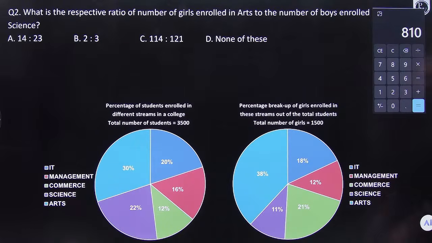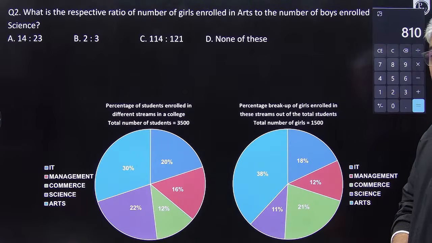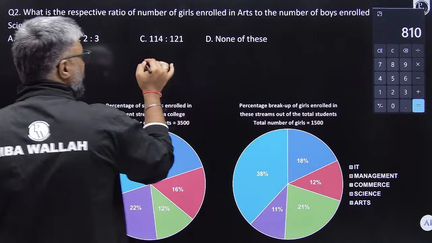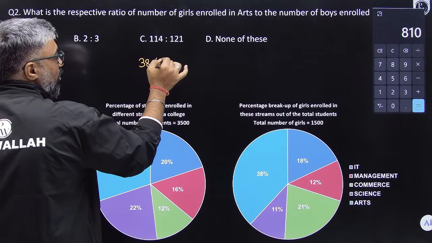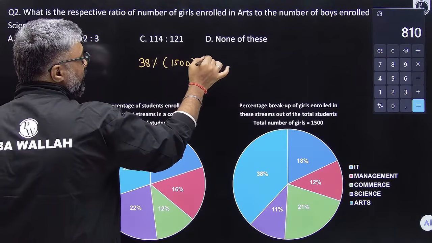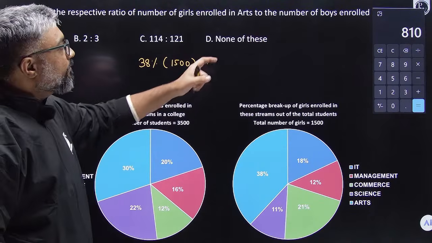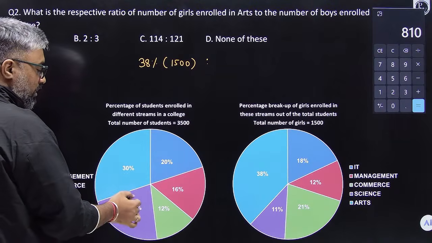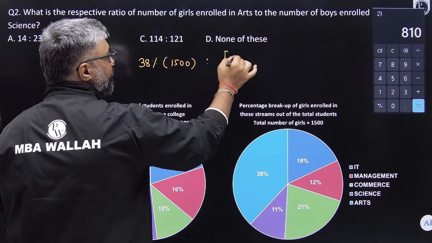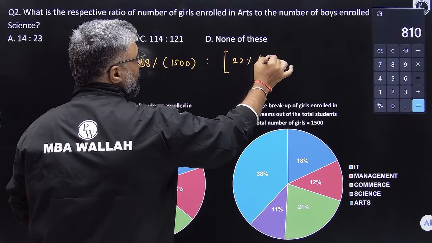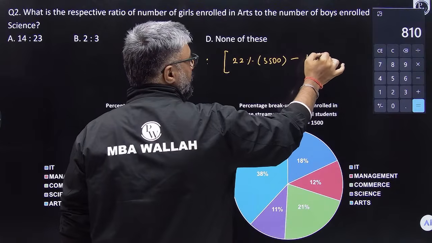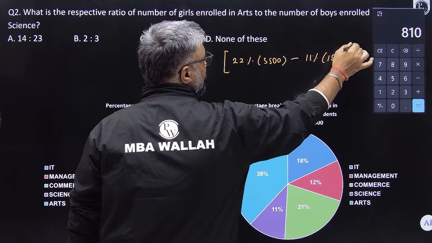Moving on to the next one, try this. Ratio of number of girls enrolled in arts to the number of boys enrolled in science. So girls enrolled in arts: arts is 38% of 1500. Science number of boys would be 22% of the whole thing minus the girls, which is 11% of 1500.